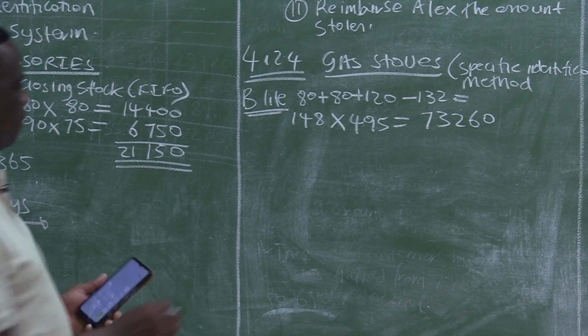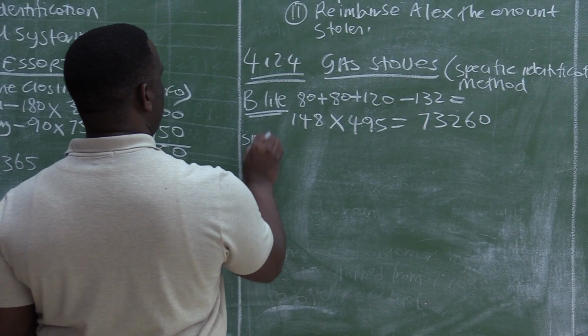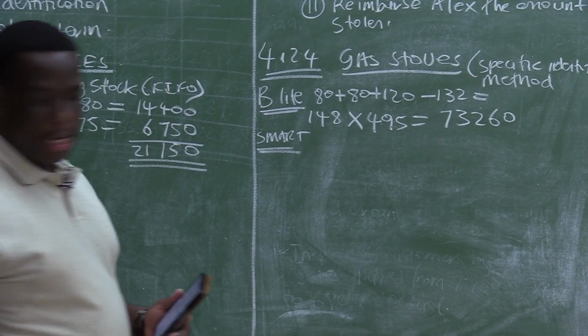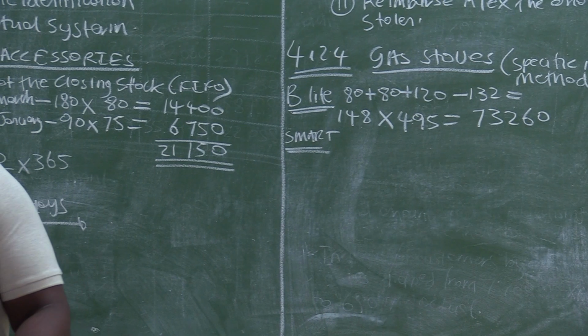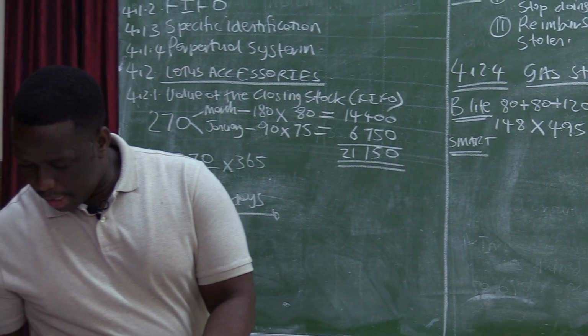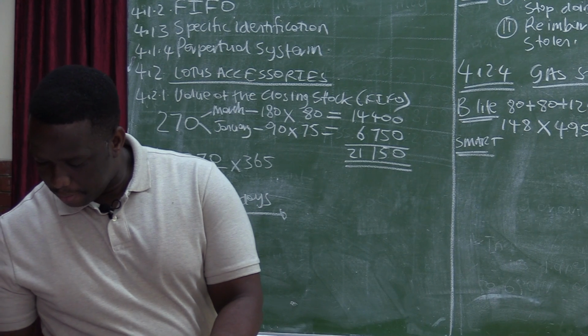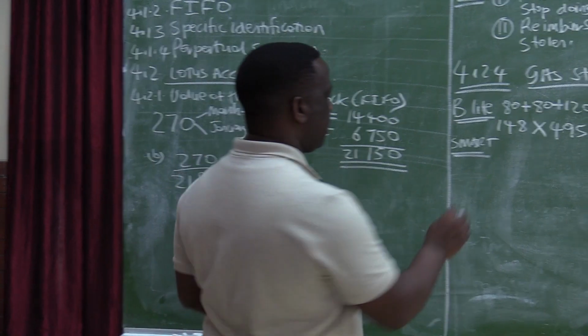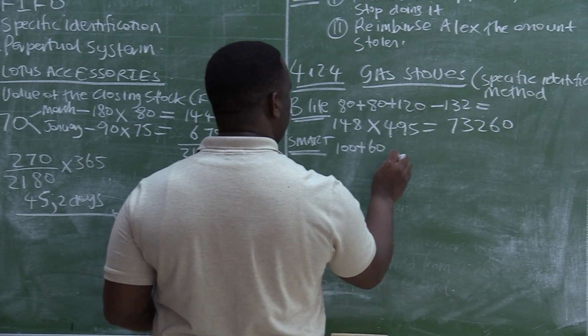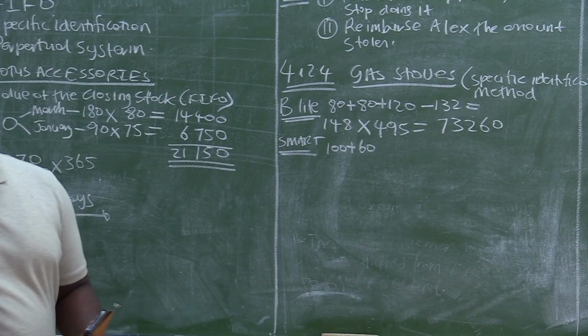And then the second model of gas stoves we are having is B Smart. The smart, we had purchases of 100 plus 60, that's 160.